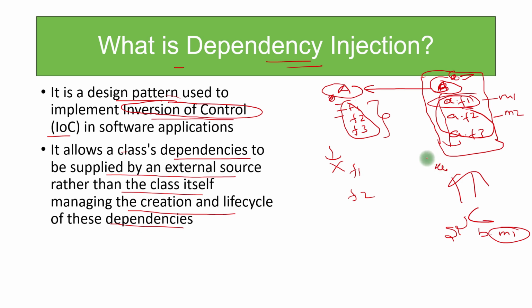How can this be avoided? Whatever object B is creating, somehow C can create it, pass that object to B while calling it, and then call the function. In this case, clients will have flexibility.